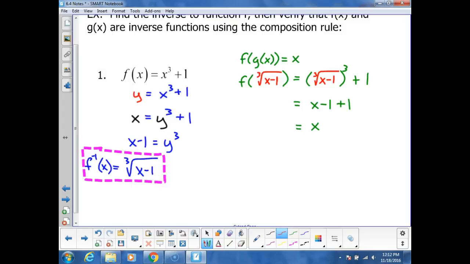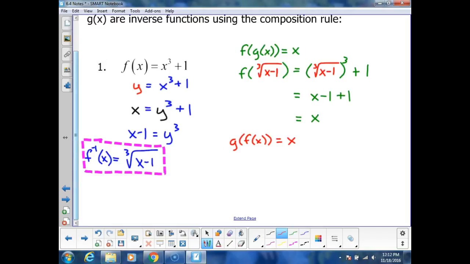Then I need to show that g of f of x is also x. So I need to show that g of x cubed plus 1 is the cube root of x cubed plus 1, then minus 1.